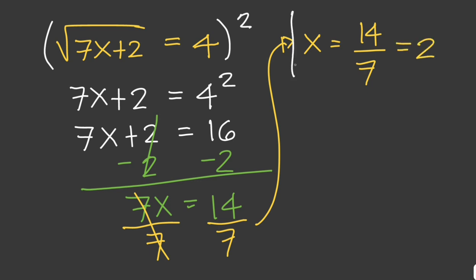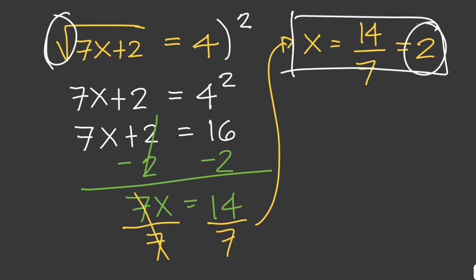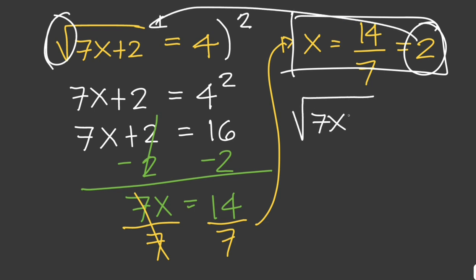Alright, so we got the value of x, which is 2. Since the index here is even and is equal to 2, we need to check the answer in the original problem, which means we need to plug this value into the original equation. So that would be square root of 7x plus 2 equals 4.